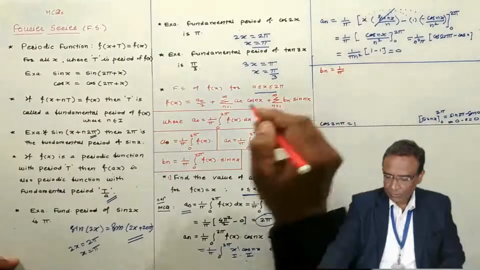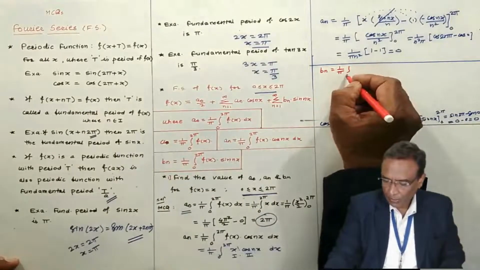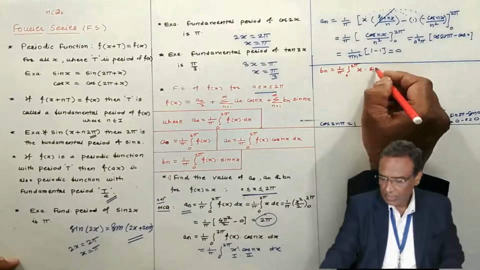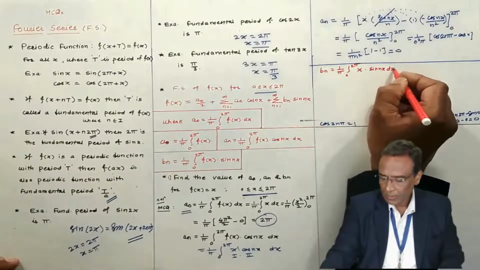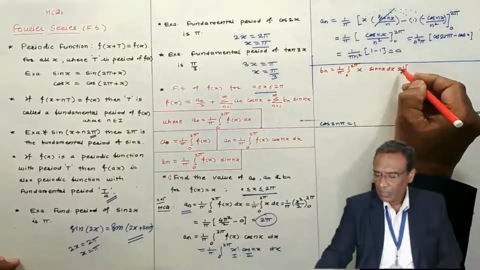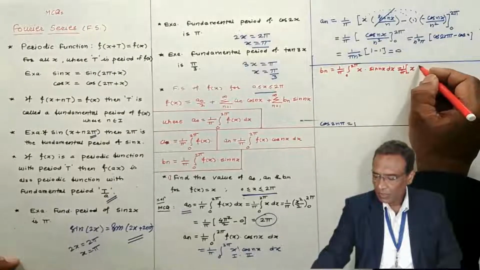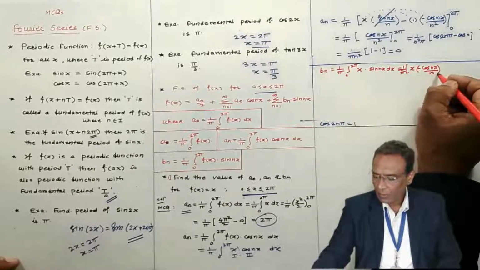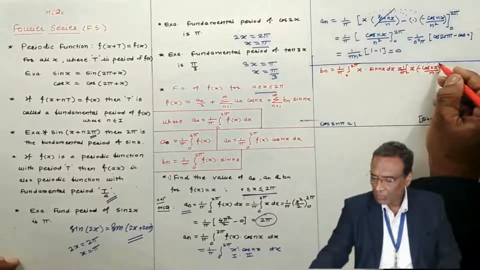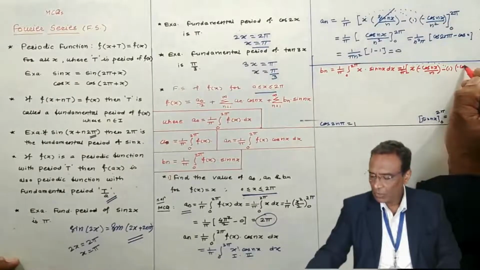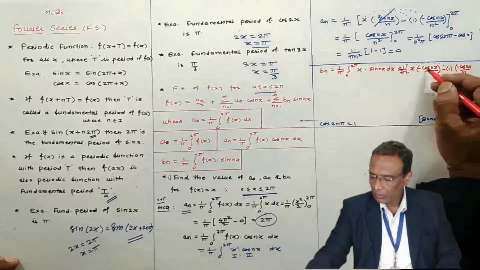1 by pi, the formula is what? 0 to 2 pi, fx is what? x sin nx dx. Apply generalized by parts. 1 by pi is equal to, sine, first function, integral of sine, minus derivative of x is 1, here I am writing, and integral of sine is minus cos nx by n, and integral of cos is what?